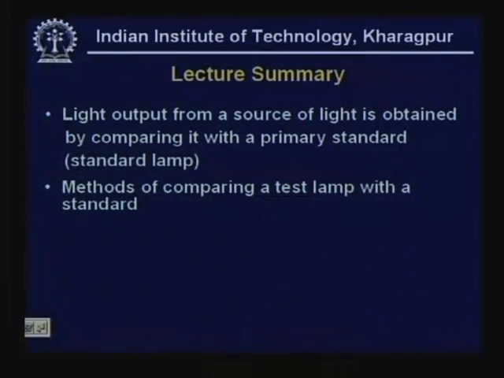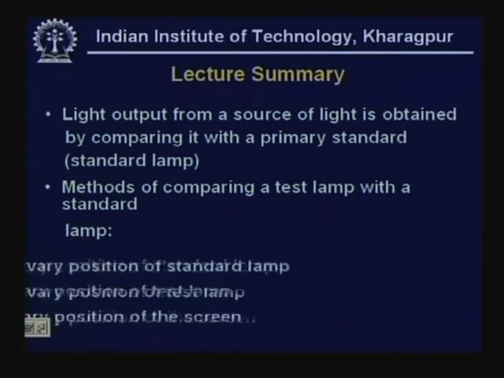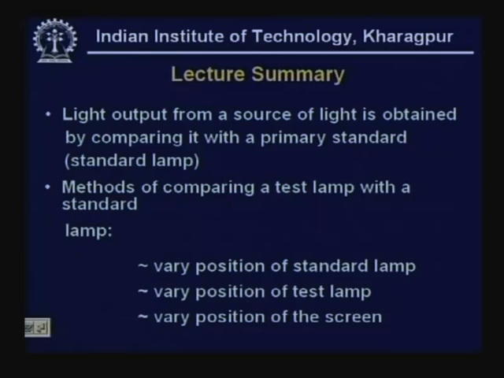Methods of comparing a test lamp with the standard lamp: number one, vary the position of the standard lamp. So you keep the photometric head and the test lamp fixed. Second thing could be keep the standard lamp and the photometric head fixed, and vary the test lamp.